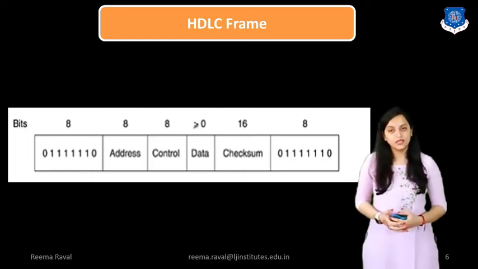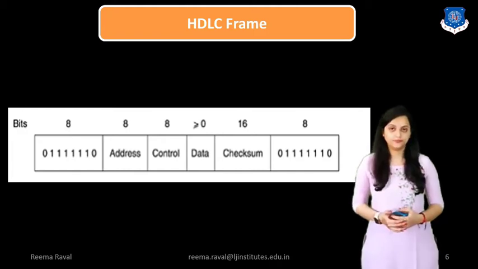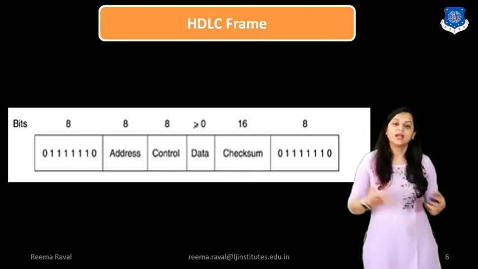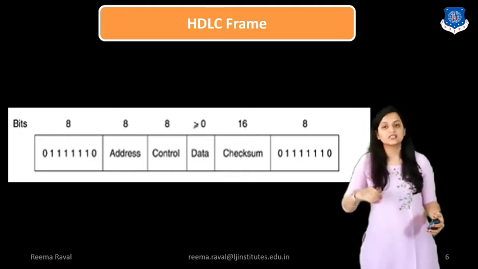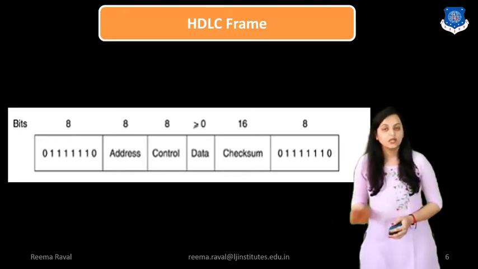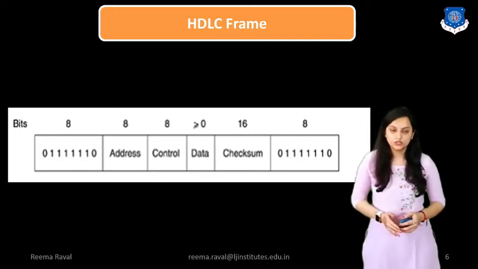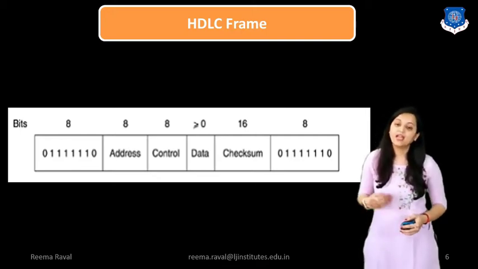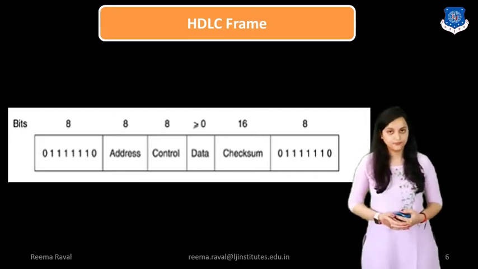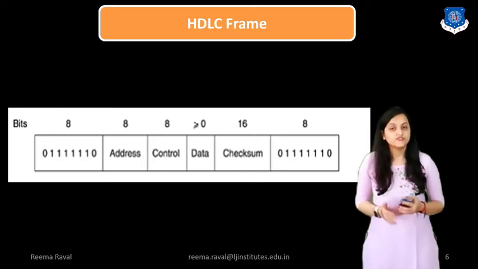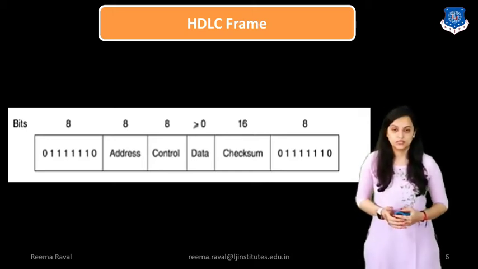The second field indicated over here is the address field. So here the primary station will introduce the secondary station's destination address in this field, which is of 8 bits. That means in the HDLC frame structure, the second field will have 8 bits of destination address. Now, the third field is the control field, which is again of 8 bits.